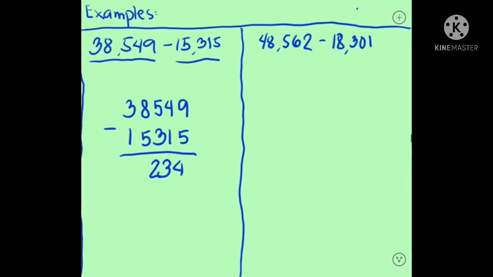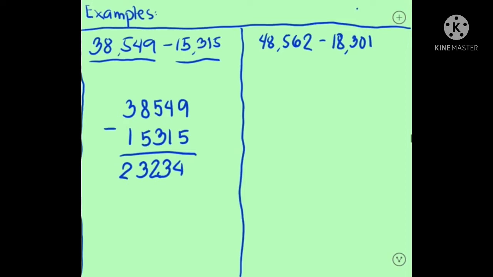Next, 8 minus 5 is 3, correct? And then 3 minus 1 is 2. Okay?